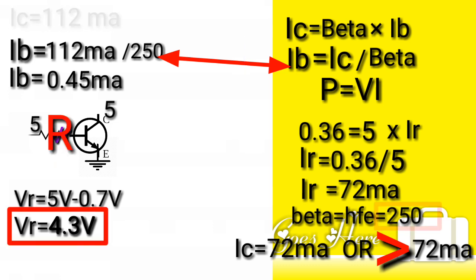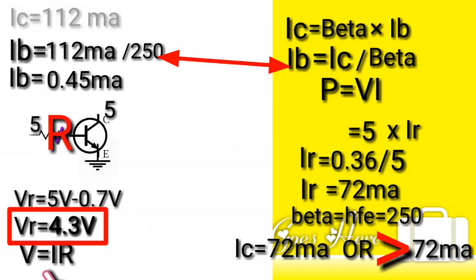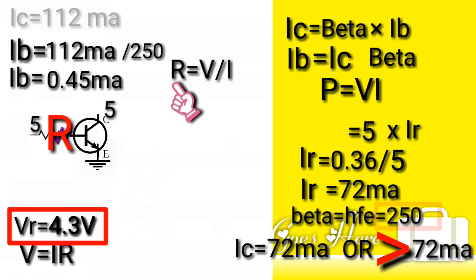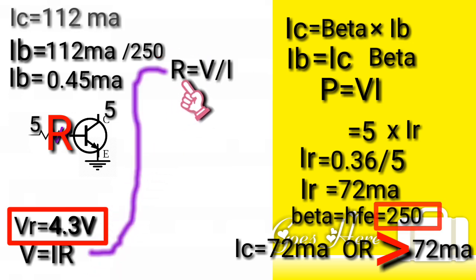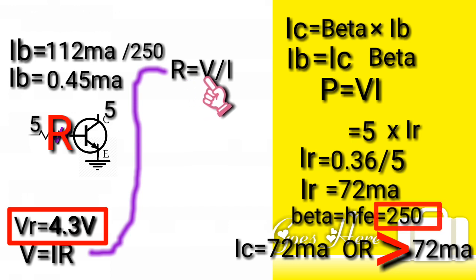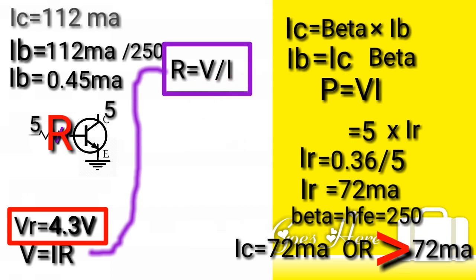Now, we can calculate the base bias resistor by using Ohm's law, voltage equals I times R. Then simplify the formula: R equals voltage divided by I. Right now, we can substitute the values of IB and VBR into the formula.